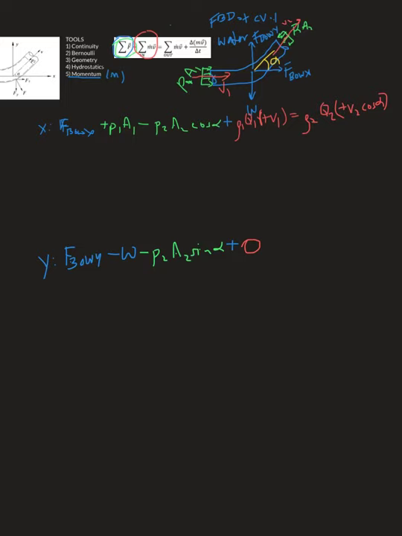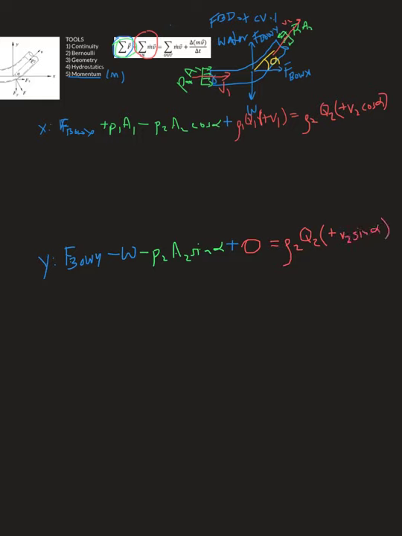However, V2 does happen in that direction. So we need m dot, rho 2, and Q2. And then it's going in a positive y direction, but we only have part of it, sine alpha.